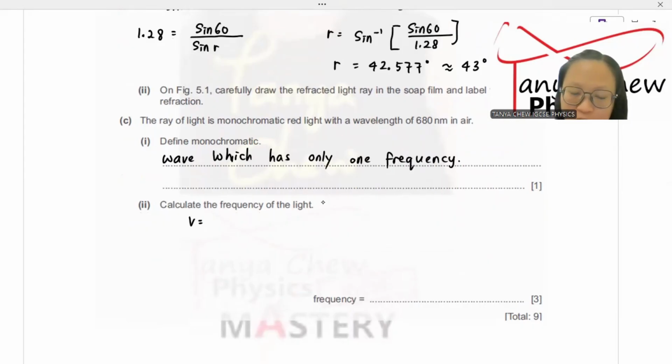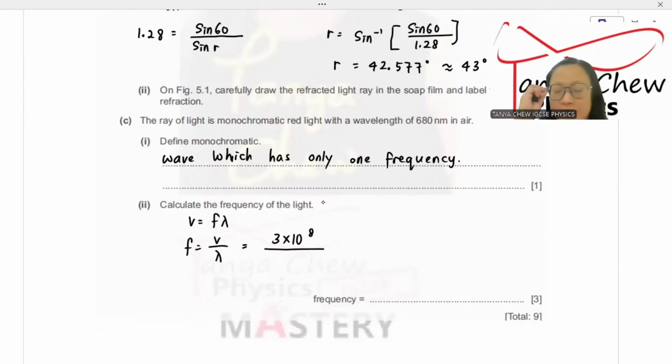So you remember the equation of the light wave, speed of wave, v equals f lambda. f is equal to v over lambda. v is the speed of light in air, which is 3 times 10 to the power of 8. It seems like lack of information, but you have to remember light travels with the same speed in air as in vacuum.